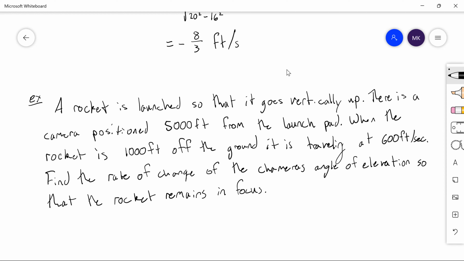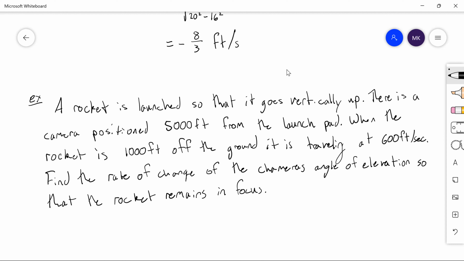So the rocket is launched, so it goes vertically up, so it's not at an angle, right? Again, this just tells us that we're dealing with a right triangle. There's a camera that's 5,000 feet away on the ground. And we know that when the rocket is 1,000 feet high, it's going 600 feet per second. We need to find the rate of change of the angle of elevation of the camera. So that's the angle created from the ground and essentially the lens of the camera.